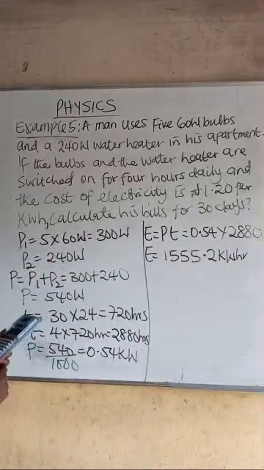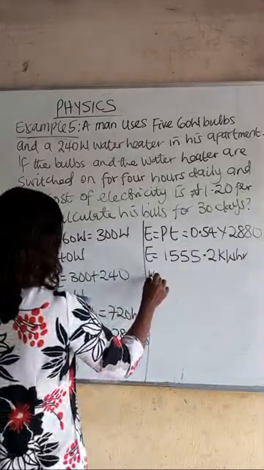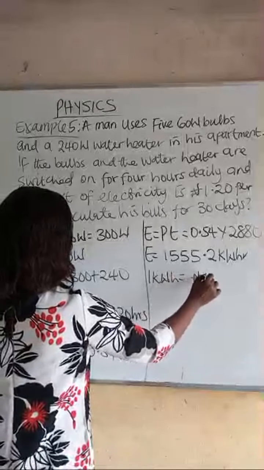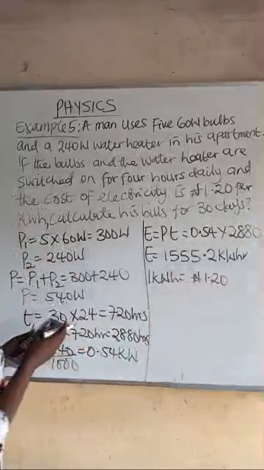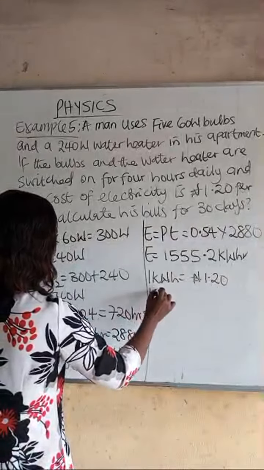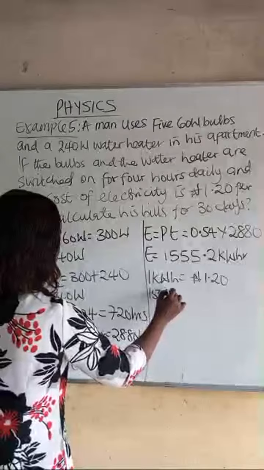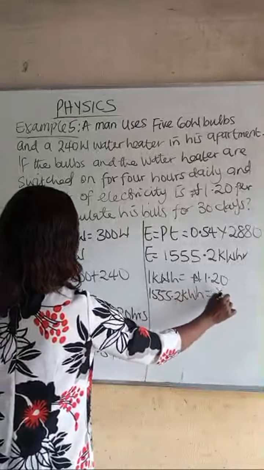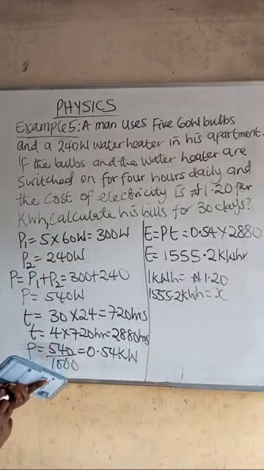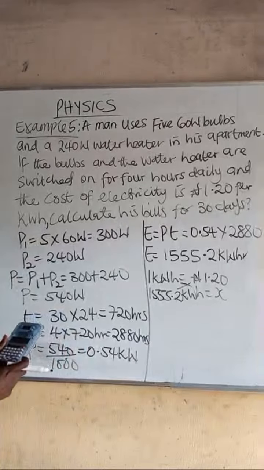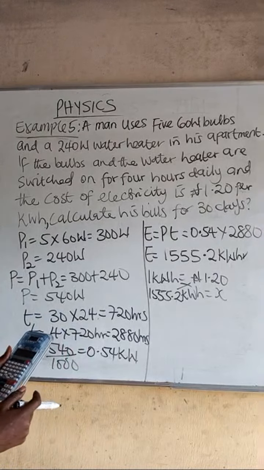But from the question, 1 kilowatt hour is giving us 1 naira 20 kobo. Therefore, 1555.2 kilowatt hour is going to give me X, and that is my cost. So I will say cross multiply. Okay?